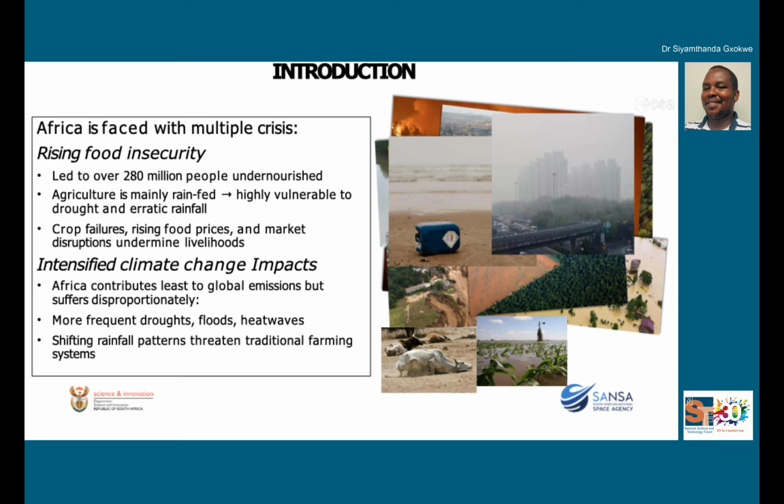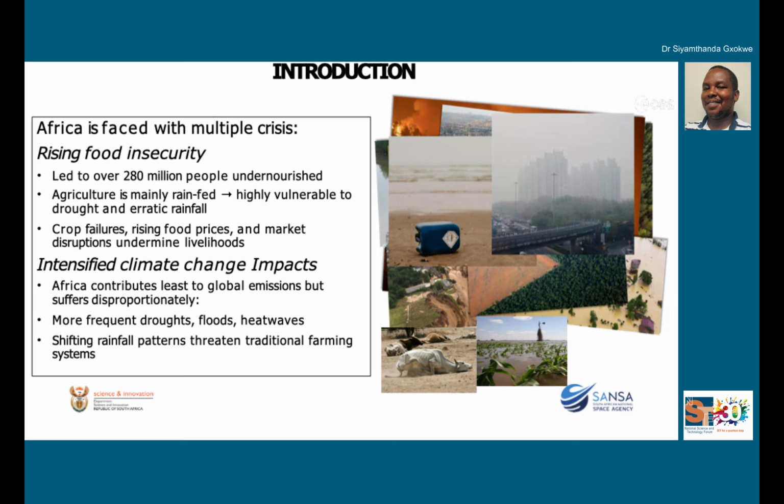Some of this food insecurity is a result of the agriculture sector being highly vulnerable to droughts and erratic rainfall, which causes crop failures and therefore lower yields within the countries in Africa. This causes rising food prices and market disruptions, which undermine the livelihoods of the people living within the region.